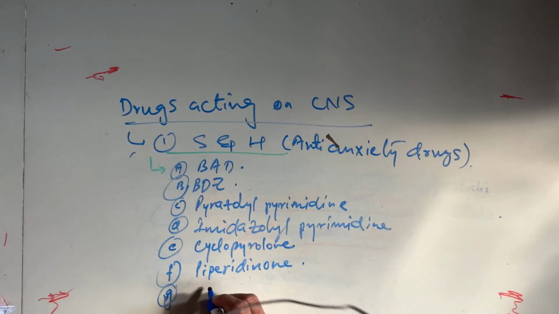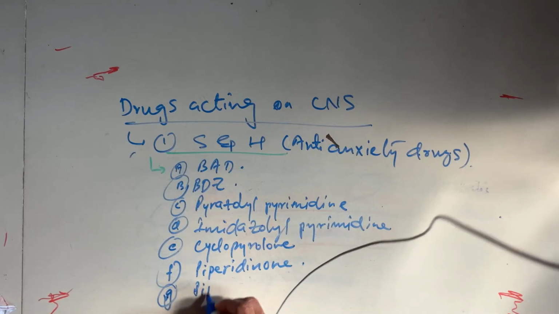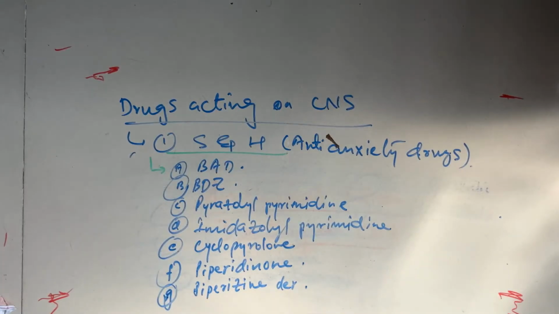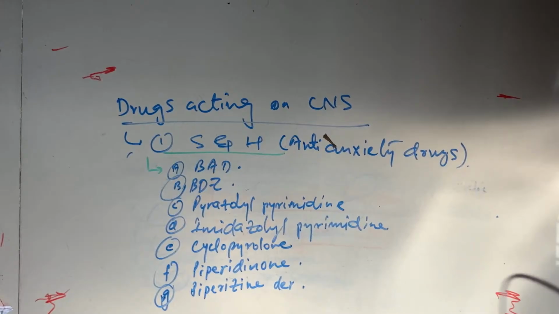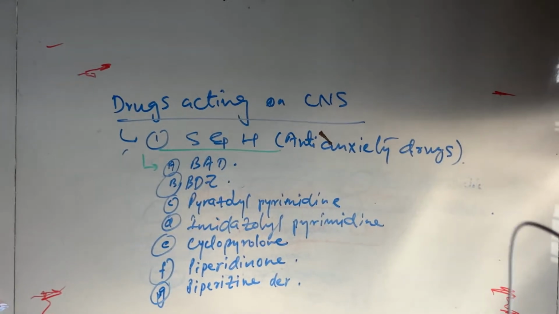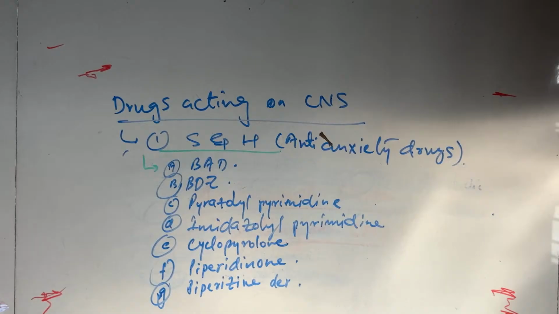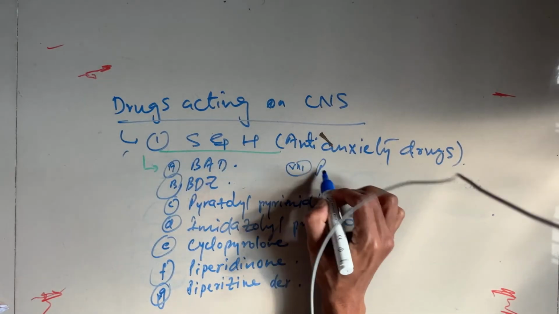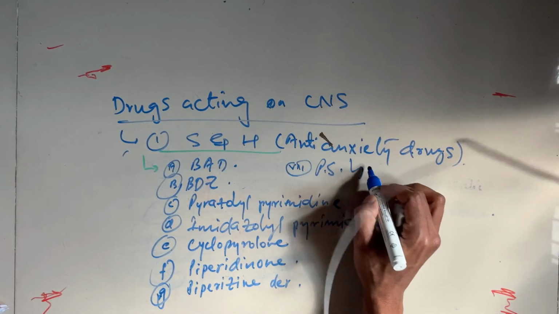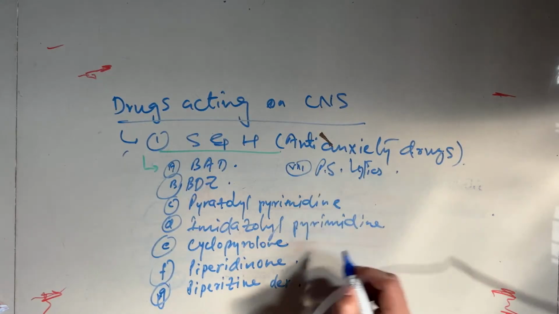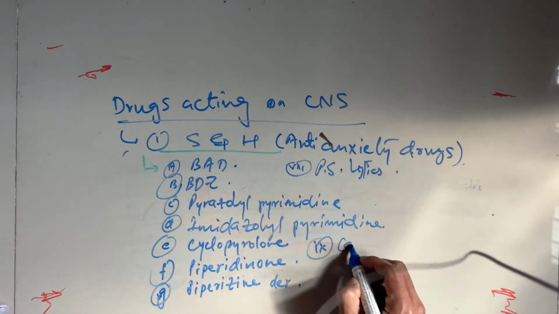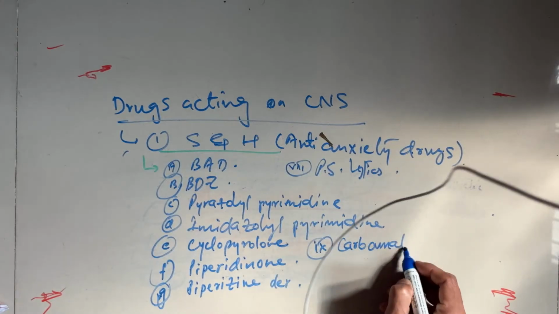Number 7, piperazine derivative. Yes or no? Next, number 8, parasympatholytics. And number 9, what is number 9? That is carbamate esters.